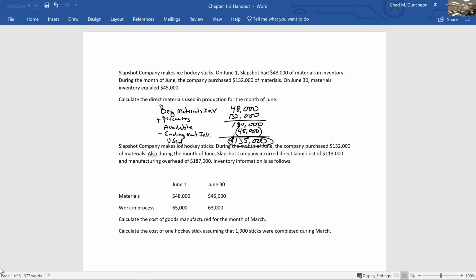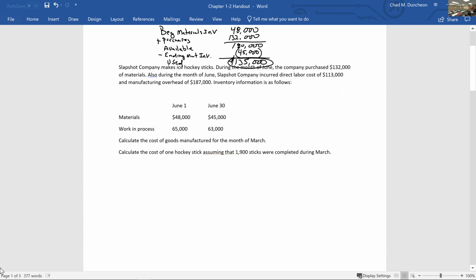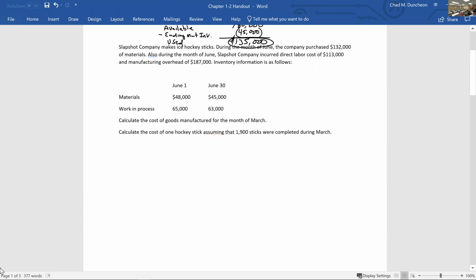Because you're going to see we can use it quite a bit in here. All right, so here we go. Next one. Slapshot Company makes ice hockey sticks. We purchased 132,000. Also during the month, we had direct labor costs and manufacturing overhead. Inventory information is as follows. Calculate the cost of goods manufactured.